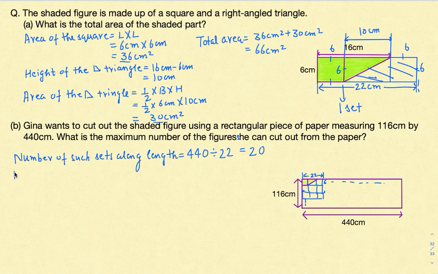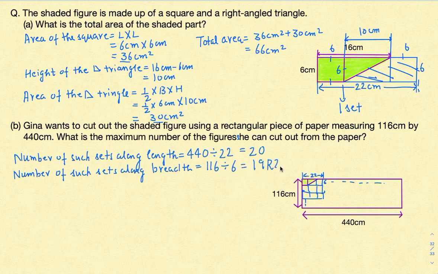So the number of such sets along the breadth: we have to divide 116 along this side by 6. This is 6, so divide it by 6 and you will get 19 remainder 2. That means the quotient is 19 and there is a remainder of 2.